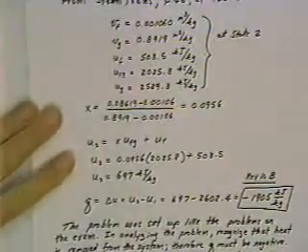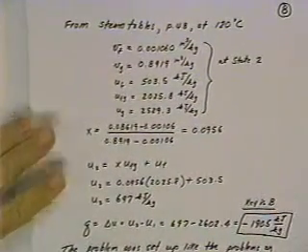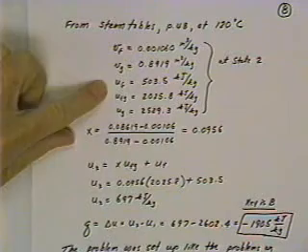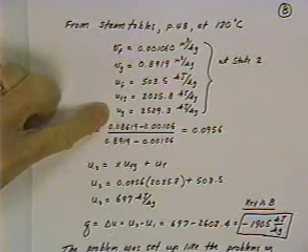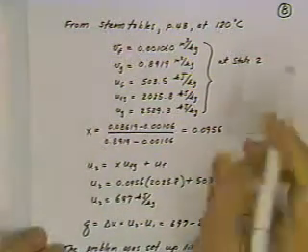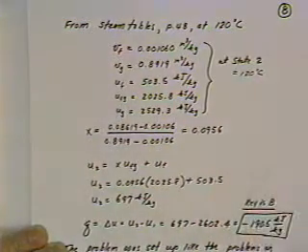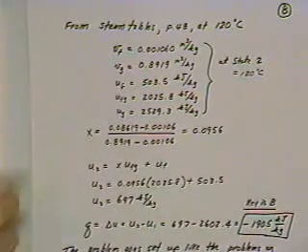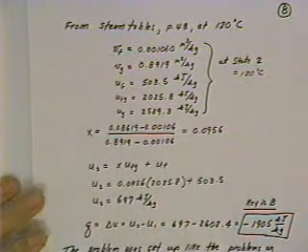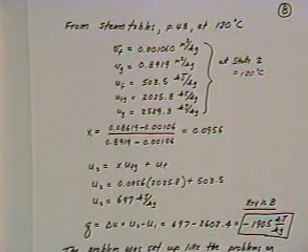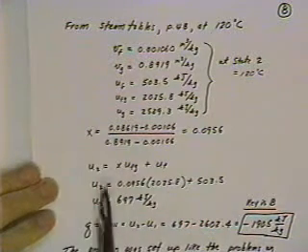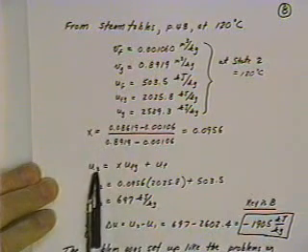I've repeated that information here: VF, VG, UF, UFG, and UG at state 2, and state 2, of course, is equal to 120 degrees C. If we go through the calculations, we find that X is 0.0956.